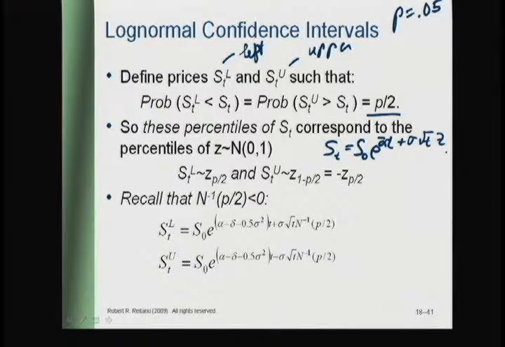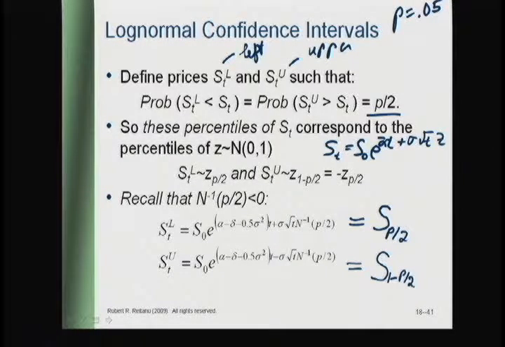So in standard notation, we might call this S_T^L, this would be the p over 2 percentile of the S_T distribution, and this would be the 1 minus p over 2 percentile of the S_T distribution. That's how they're defined.